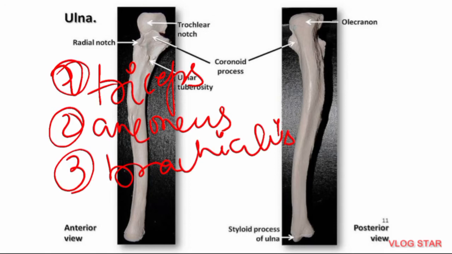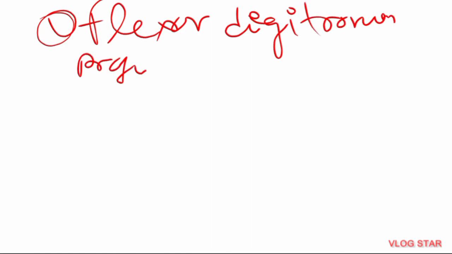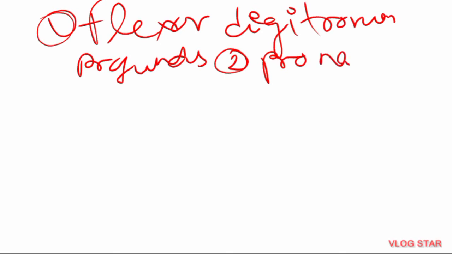Now we will see the origins of the muscles from the ulna. These are flexor digitorum profundus. Second is pronator teres.